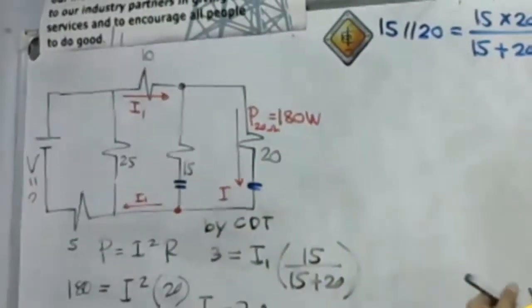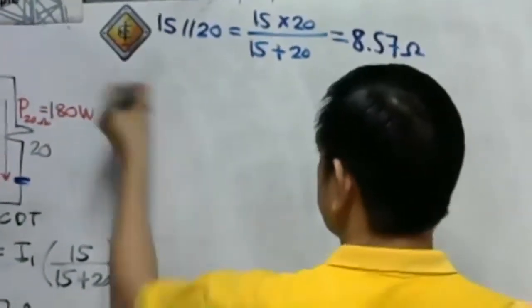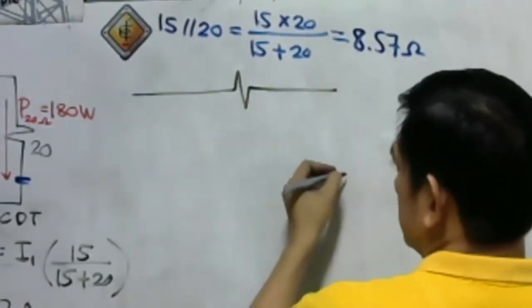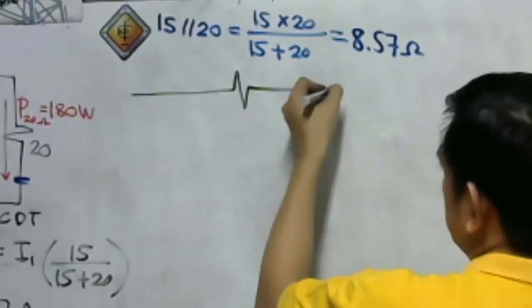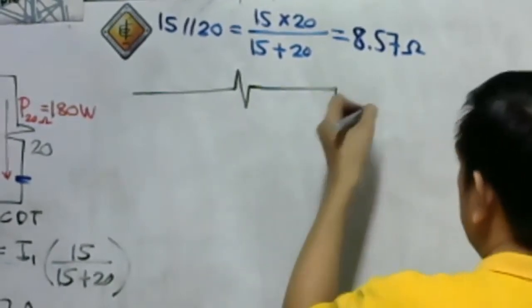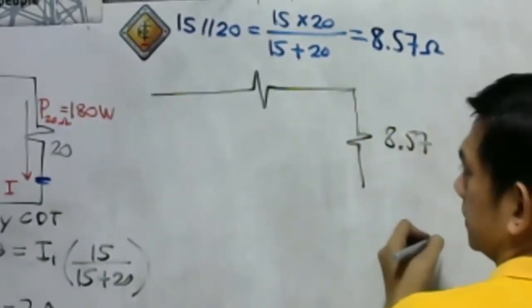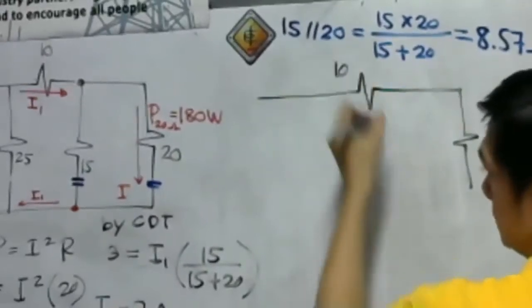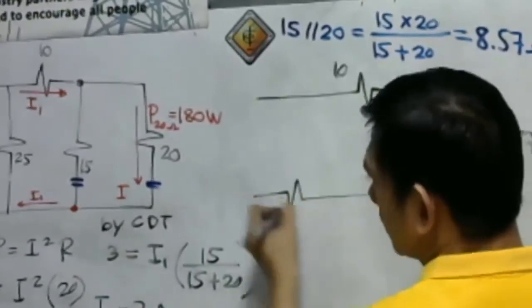Let us redraw now the circuit. This is the circuit. So we'll be having here this 8.57 ohms. This is our 10 ohms. Then we have here our 5 ohm.